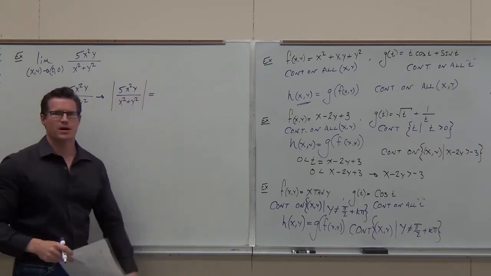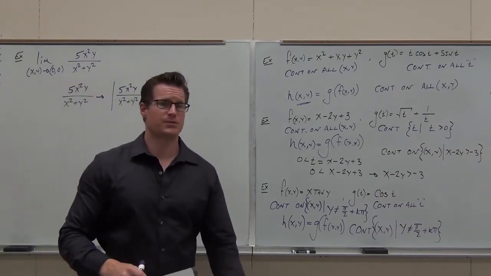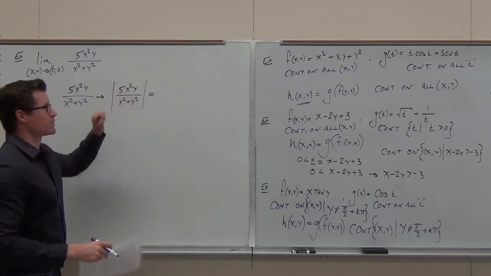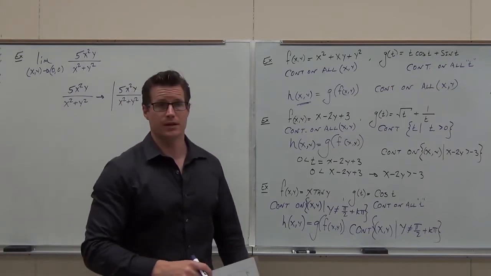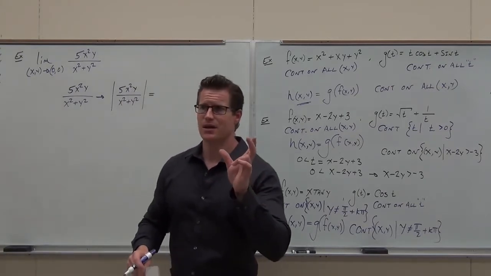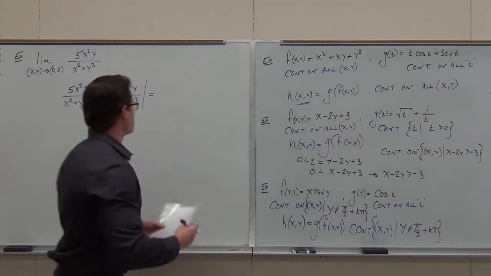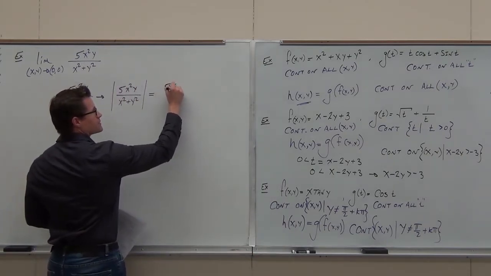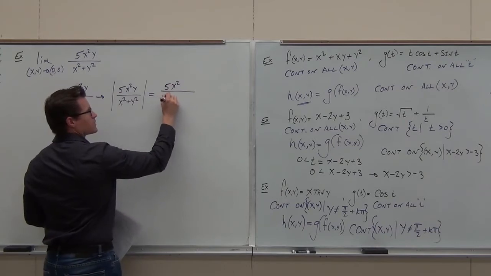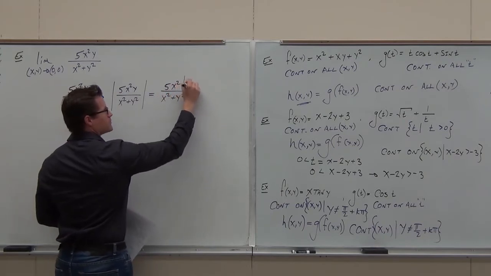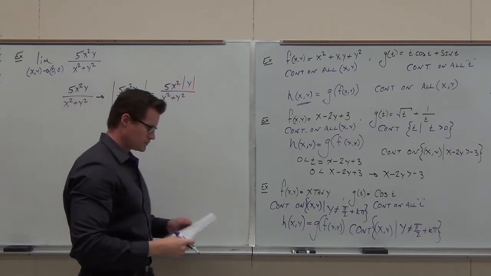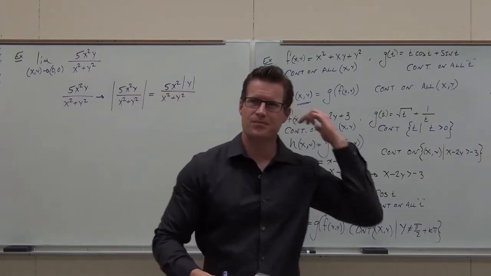This denominator is always positive no matter what. The absolute value doesn't really matter. True or false? 5x squared is always positive no matter what. Yes. That doesn't really matter. True or false? Y is positive no matter what. Yeah. False. So this would equal 5x squared over x squared plus y squared, times the absolute value of y. Does that make sense to you?